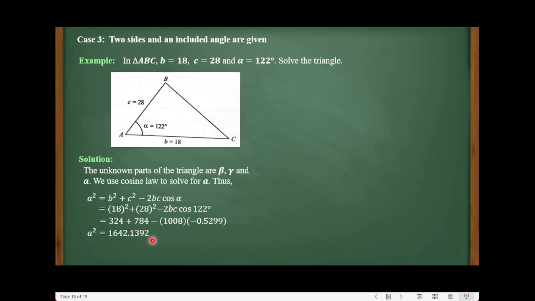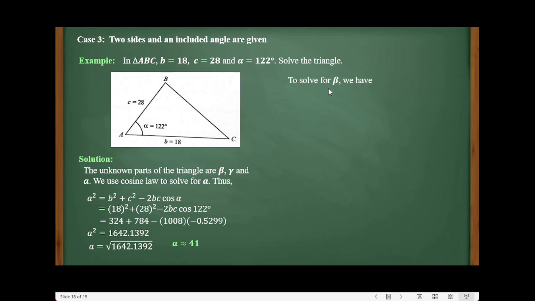Then from here, we get the square root of both sides to get a, that is the square root of this value. Of course, you're going to use the scientific calculator, and approximately your a is equal to 41. Okay? Then, what's next?